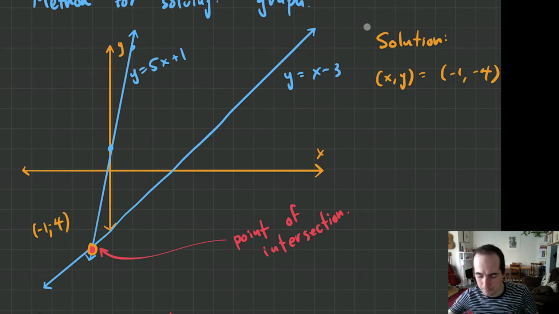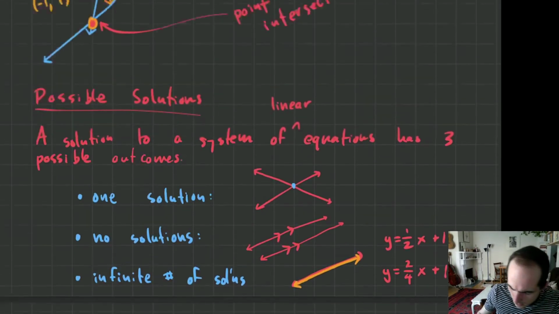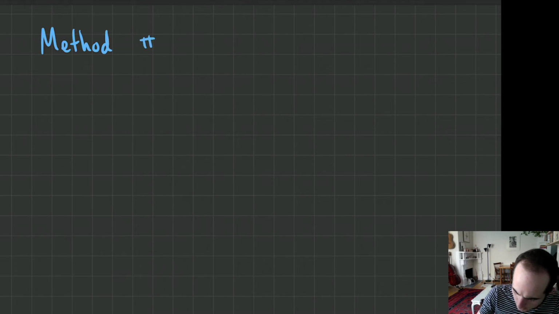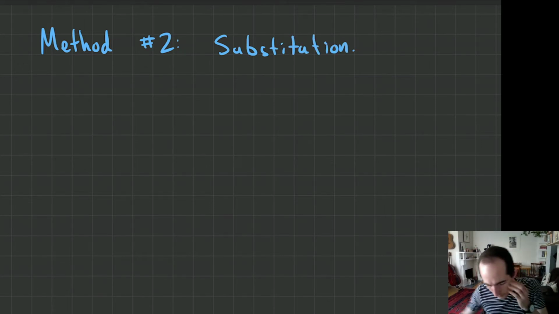Okay, so let's talk about a different method. We've got 5 minutes, so I'm not sure if we'll be able to cover all of the methods. The next method, method number 2, is called substitution.